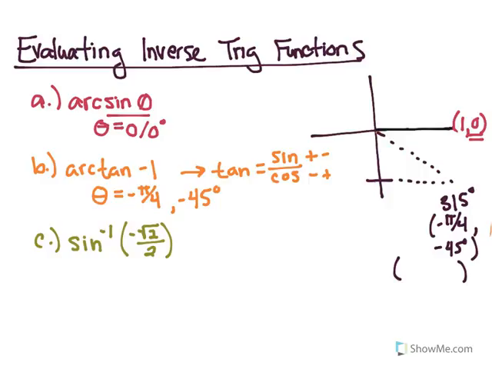So when you look on your unit circle and you see the coordinate, it should be positive square root of 2 over 2 and then negative square root of 2 over 2. So again, this is where sine is equal to that value. So my answer for part C is going to be the same as it was for part B. Theta is equal to negative pi over 4 or negative 45 degrees.